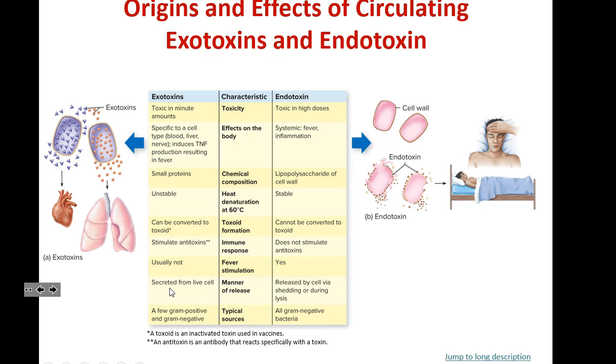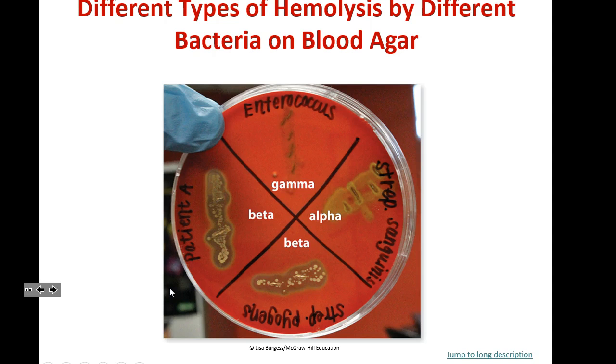A few gram-positive and gram-negative bacteria produce exotoxins, and endotoxins are all gram-negative. That's what our lab is about today. We'll be doing quite a bit on determining gram-negative and gram-positive bacteria. There are different types of hemolysis by different bacteria on blood agar.